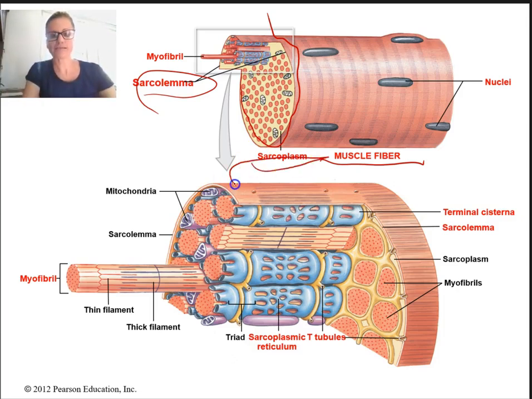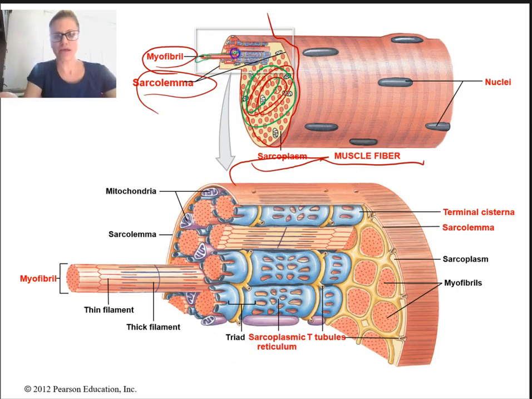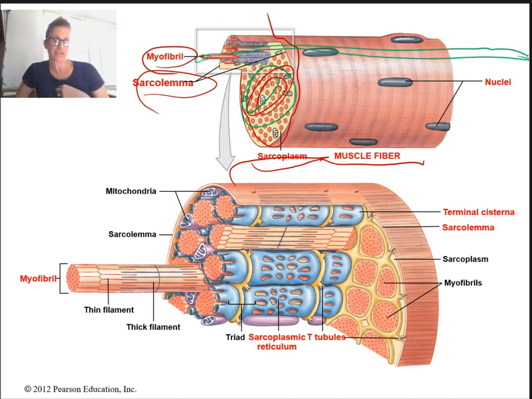The sarcoplasm just refers to all the stuff inside. Remember that the muscle fiber contains a bunch of myofibrils, right? So each of these red dots that you see in here is showing you the end of a myofibril. So the myofibril, again, is just this long strand of proteins, of thin filaments and thick filaments.